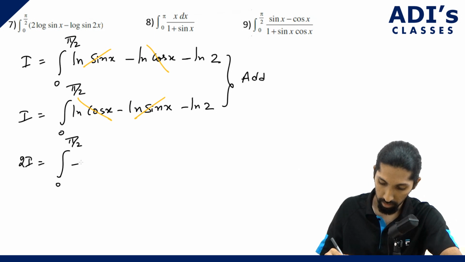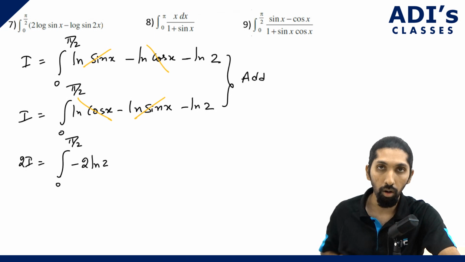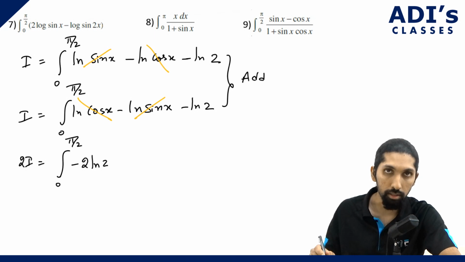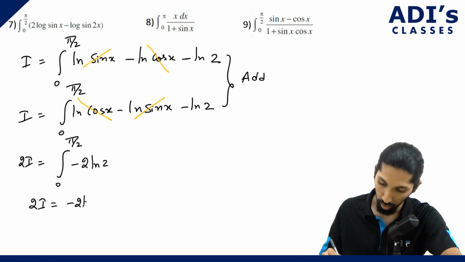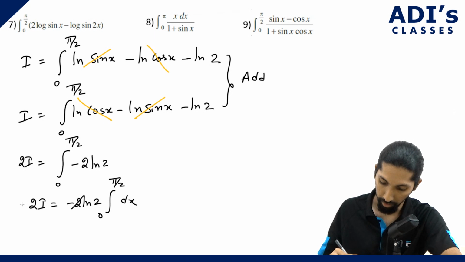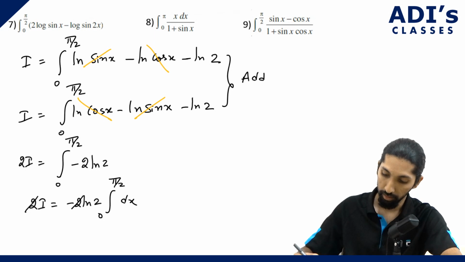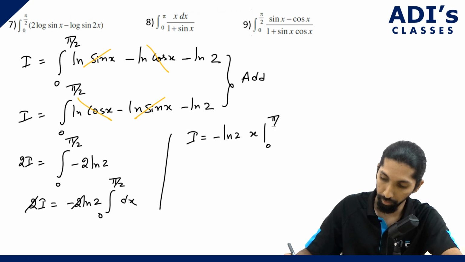That's minus 2 times log 2. Now all of these are constants, right? So 2I is equal to minus 2 log 2 integral 0 to pi by 2 dx. 2 and 2 cancels, right? So what do you have now? I is equal to minus log 2 into x from 0 to pi by 2.